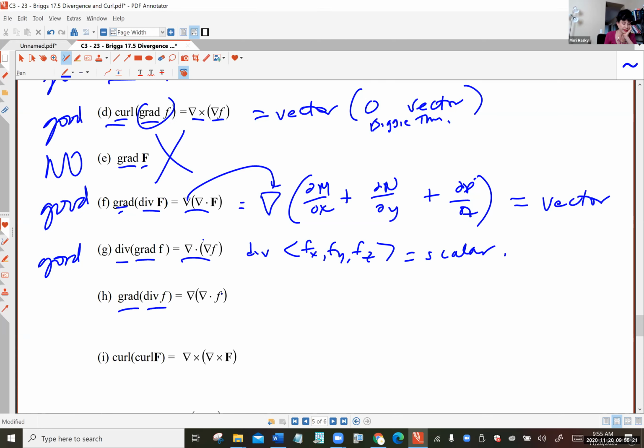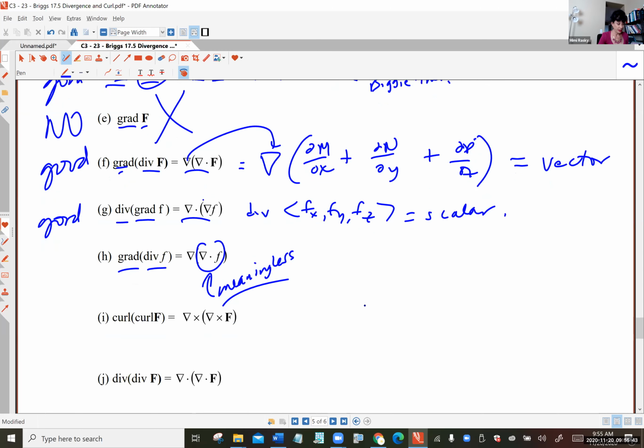How about the gradient of the divergence of a scalar function? Well, this right here is meaningless. You can't take the divergence of a scalar function. Divergence, by its very definition, you're only allowed to take the divergence of a vector field. So this is meaningless. Okay, keep going.